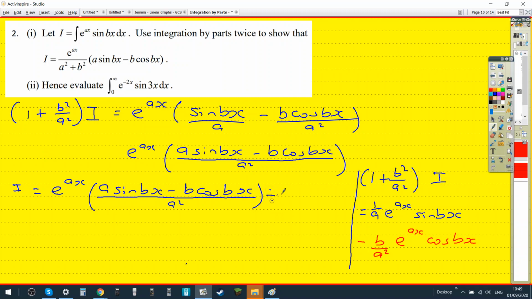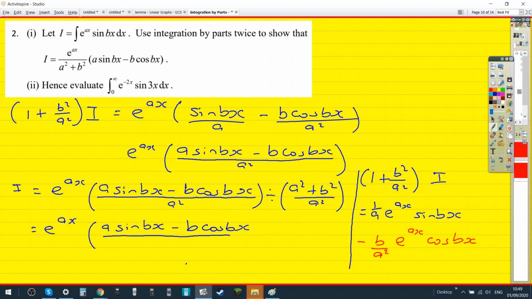So that's this divided by a squared plus b squared over a squared. Oh, so then the a squareds cancel out, and then you have a sine bx minus b cos bx over a squared plus b squared. Yeah, it's just like keep change flip. And so that's what they were looking for: e to the ax is meant to be over a squared plus b squared, and not the fraction.